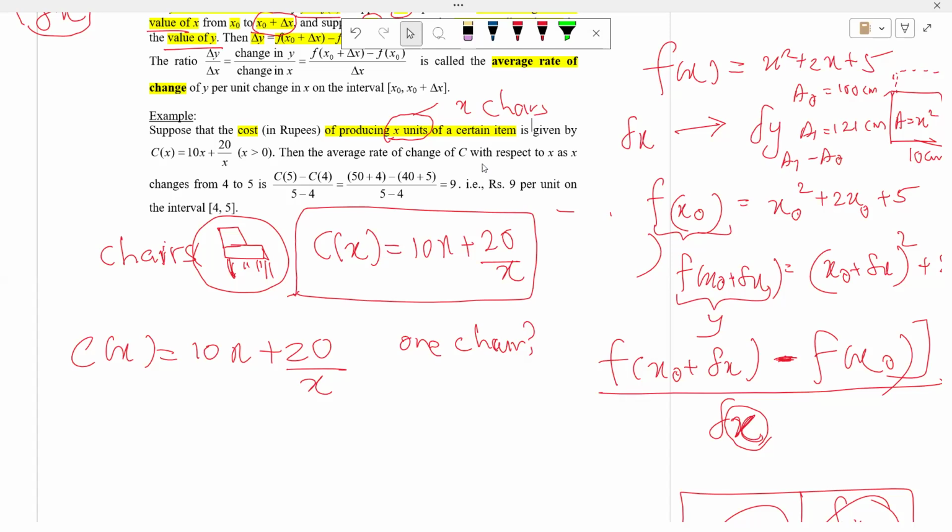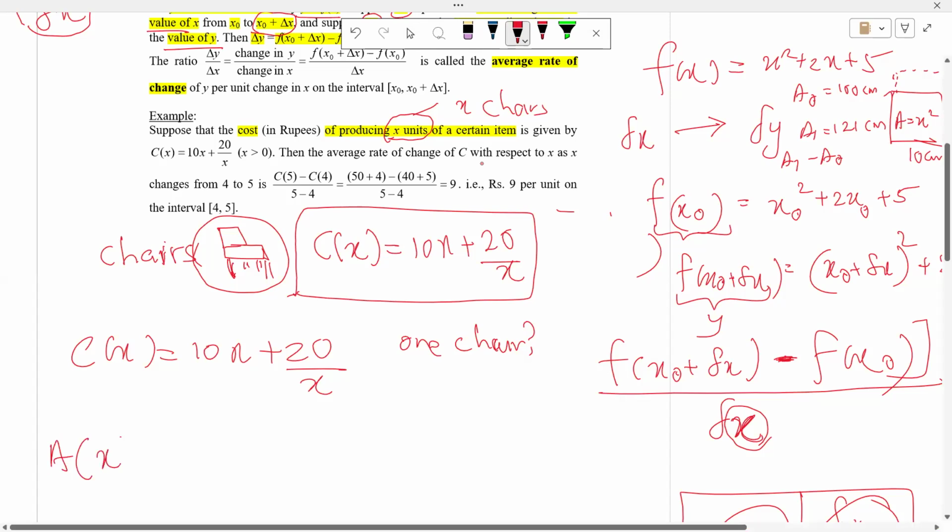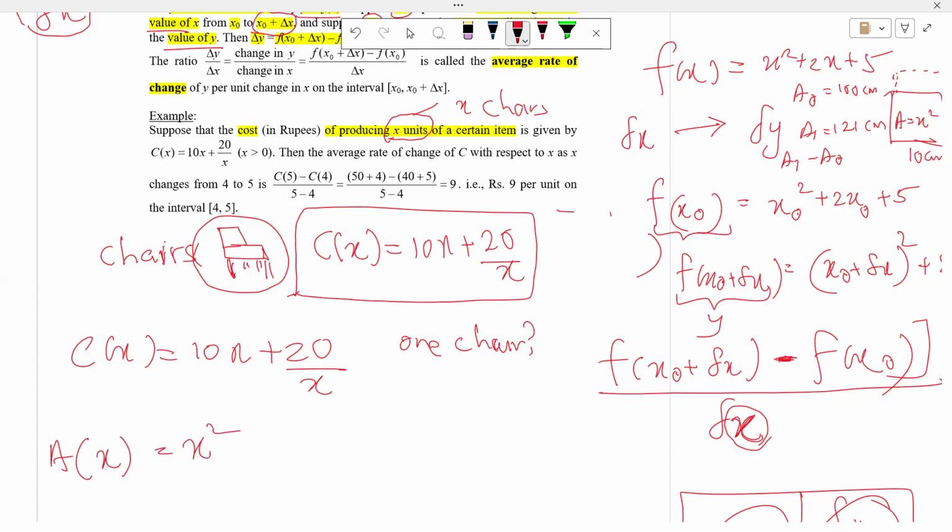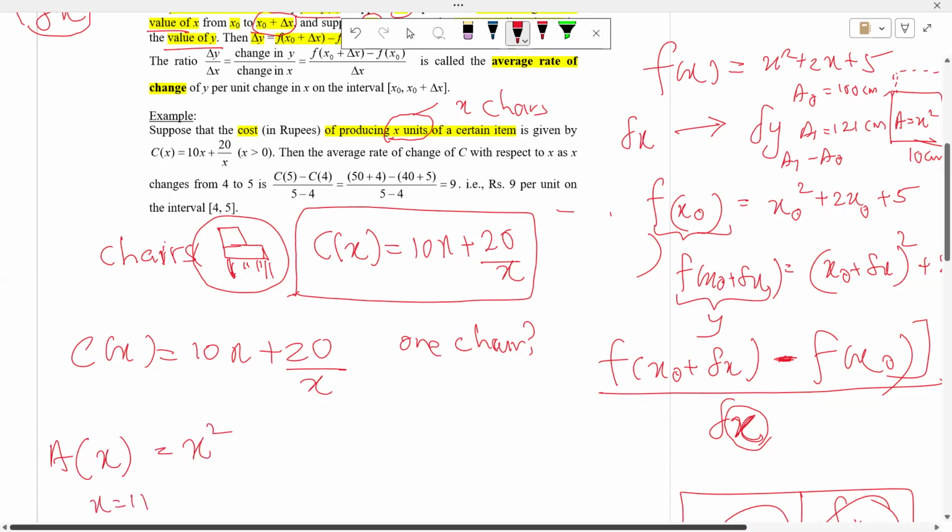Yeah, just think about the previous example. Just think about it this way, right? The area is given by X square, right? Now what will happen if X is equal to 10 centimeters? A10 is equal to what? 100 square centimeters, right?